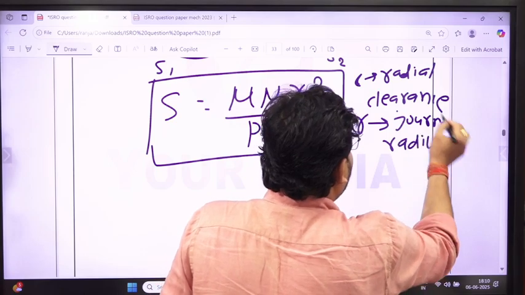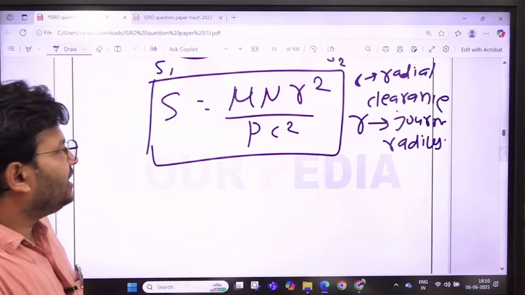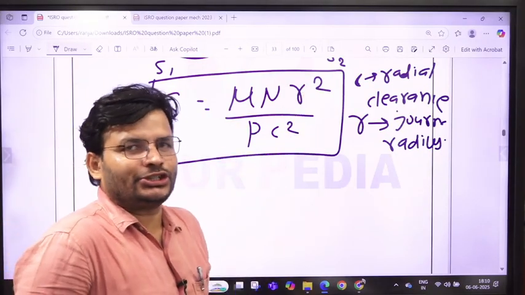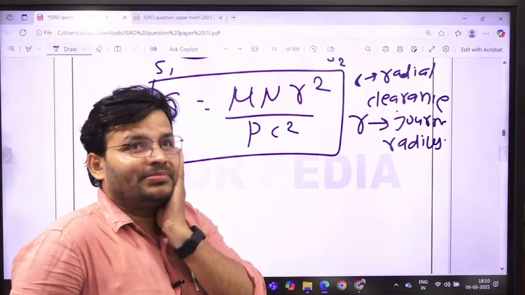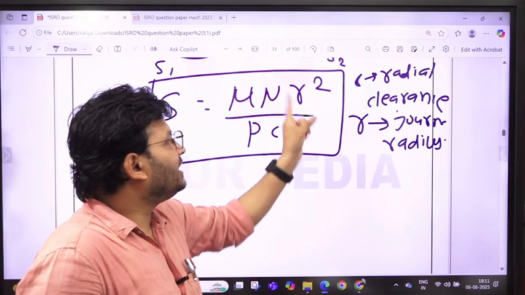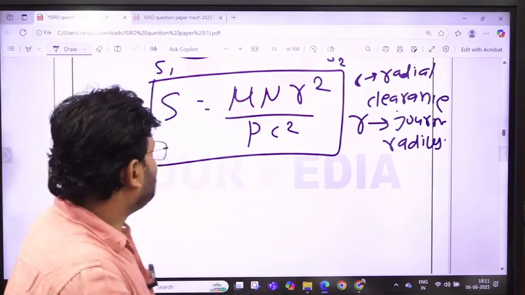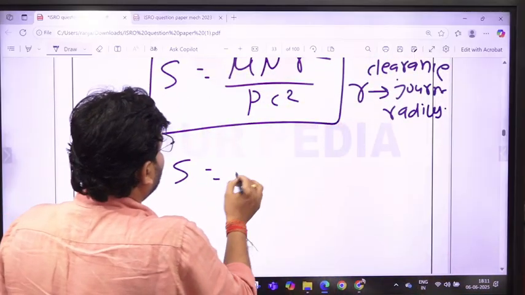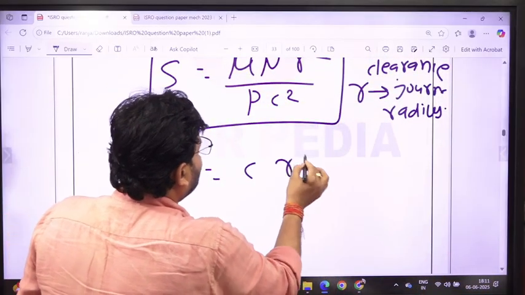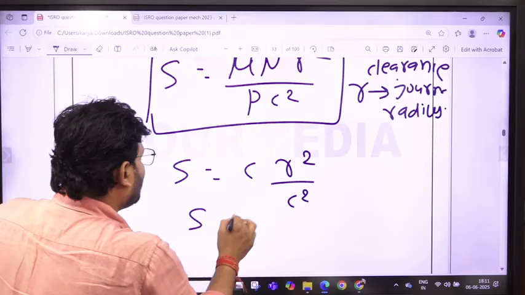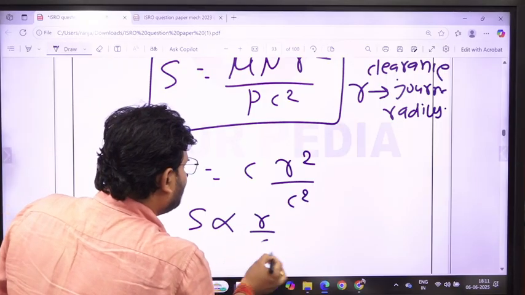Now see, my dear friends, the question says that only the radius and clearance are going to be changed. The rest of the parameters are the same, meaning mu, N and P are all the same. So can I write S equal to a constant times r square upon c square? So S is proportional to r upon c whole square.